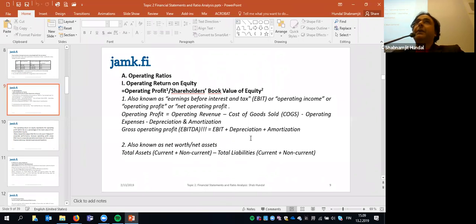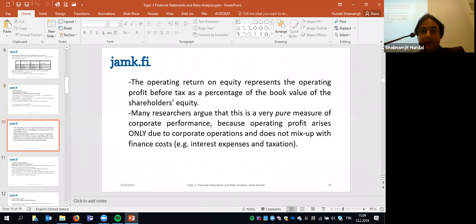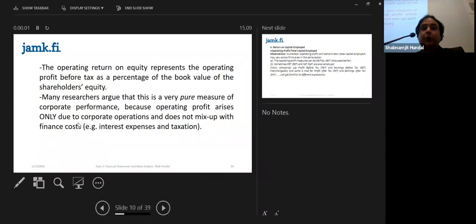Earnings E, profit P. That's it. The operating return on equity represents operating profit before tax as a percentage of the book value of the equity.